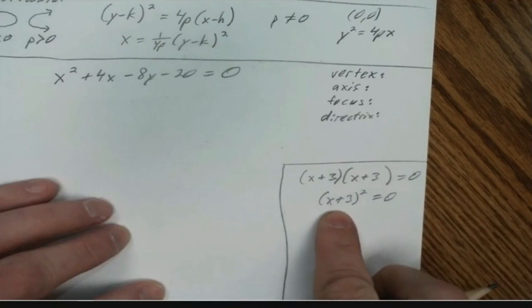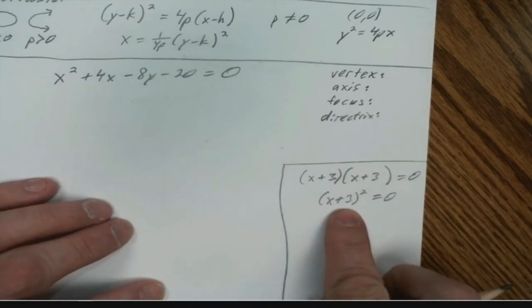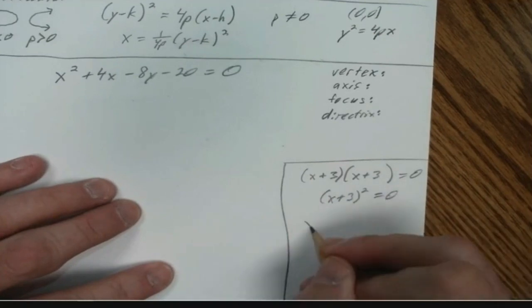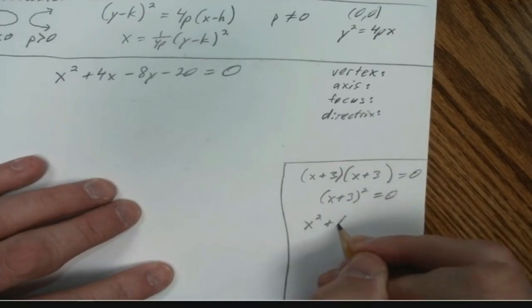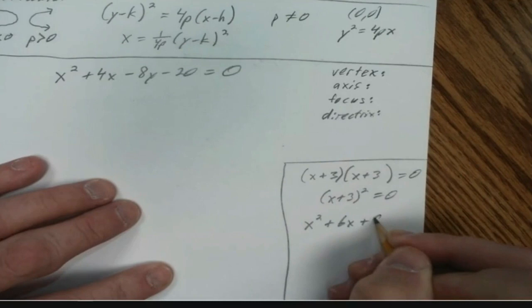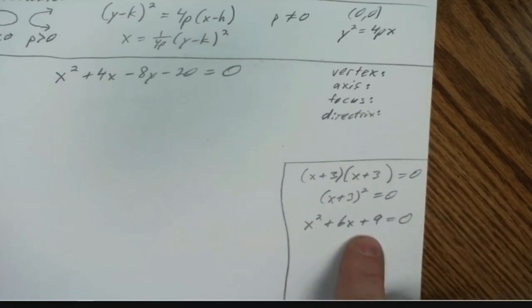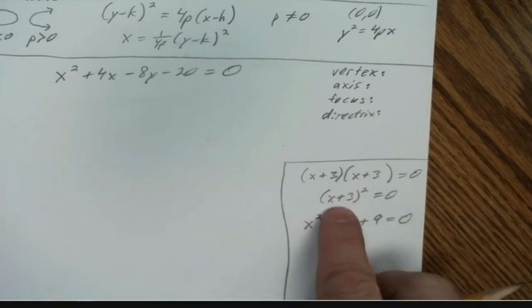And when we multiply those together, we get what we call a perfect square trinomial: x squared plus 6x plus 9. It's a perfect square trinomial because it's created by squaring a binomial. So it's a special case. When you square that, you get this.